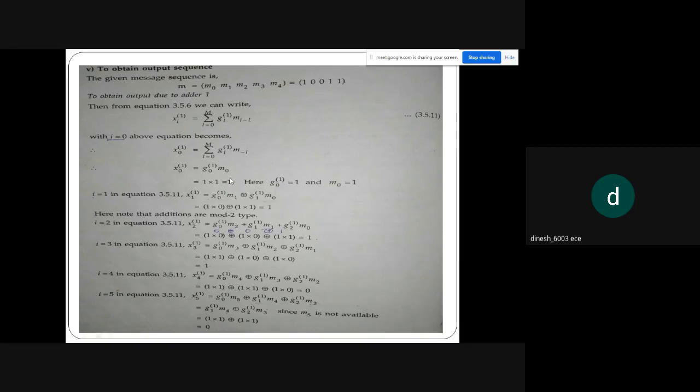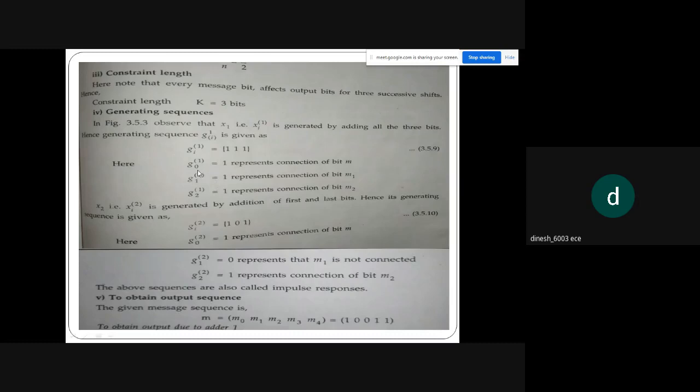Now substitute the message. So g0 of 1 into m0. Check whether it is present for this value. Refer to the generator sequence: you can see g0 of 1 is 1 always.